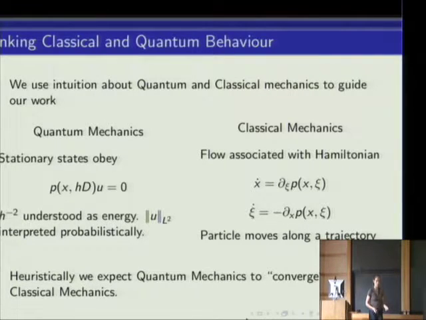So if you want to know the probability of a particle being in an area, you measure the L2 mass in that area. Now contrast that with classical mechanics, where we don't talk about probability, we know exactly where a particle is and how fast it's moving. And we have a set of differential equations which tell us where, given an initial condition, a particle is going to end up at time t. So we want to use the fact that heuristically we expect that quantum mechanics should converge into classical mechanics to give us some idea of how to proceed.